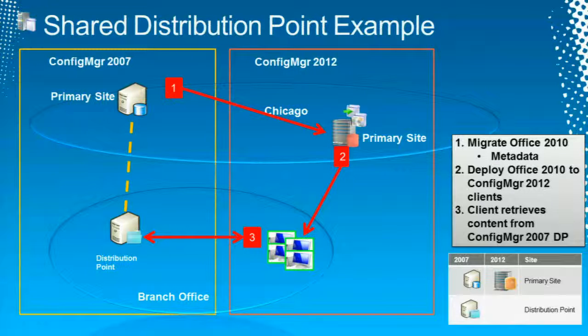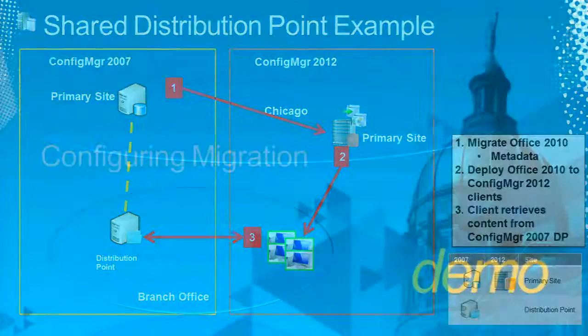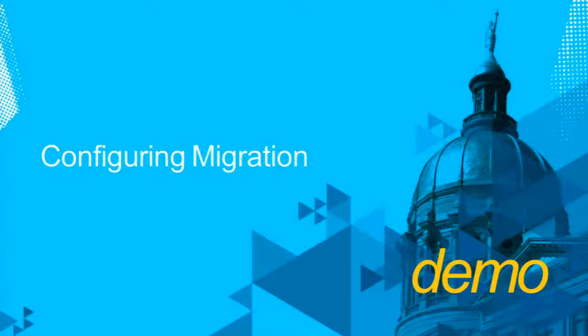So what you're saving here is the process of having your 2012 site server going to that source file location, creating that package, and replicating it across the wire, and then dumping it down on a 2012 DP. Your client can just go over to the 2007 DP and get that content. And then once you're all done with that, then you would go ahead and do an upgrade to that DP. Once you've got all that content, all your clients migrated over, you do an upgrade, which I'll show you later on.